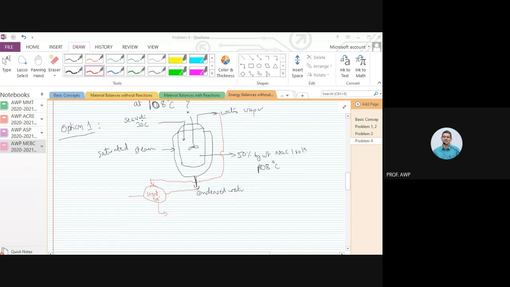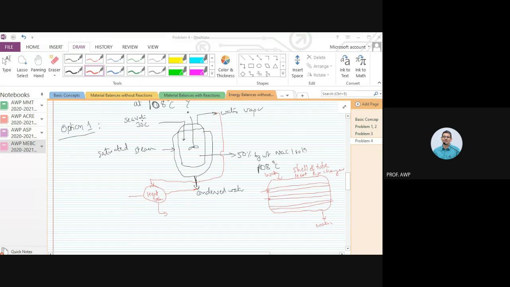So what this heat exchanger would be like is this. There will be a vessel in which there will be tubes, something called a shell and tube exchanger. So this water vapor will be on the outside of the tubes, and this condensed water can be going inside the tubes.